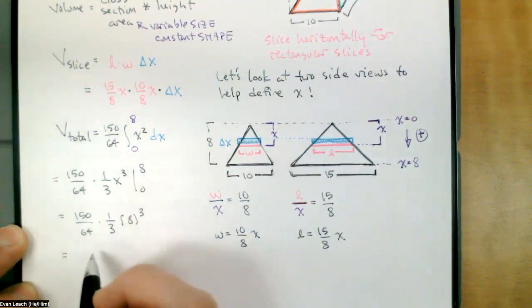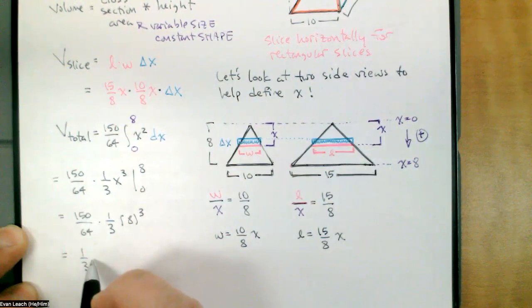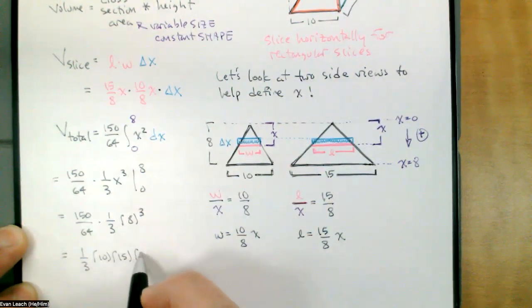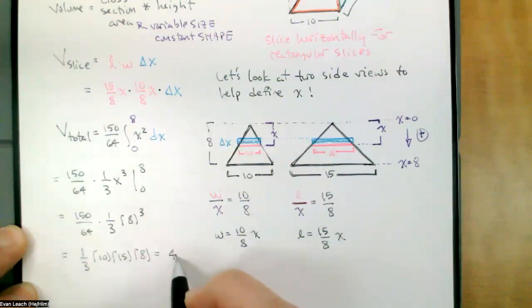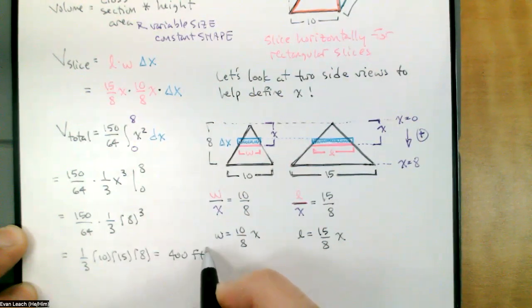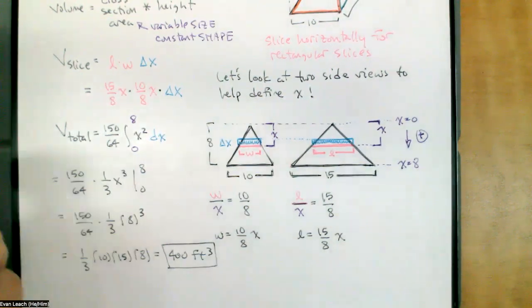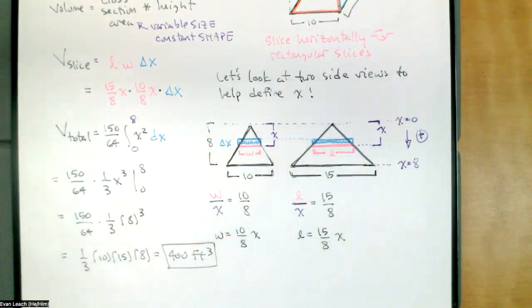So we end up with 1/3 times 10 and 15 times 8. Just like we predicted. It's always good when your new process matches what you expect.